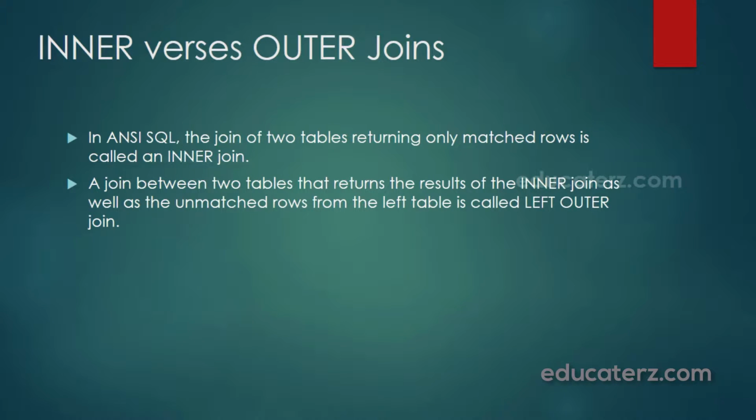Inner versus outer joins. In ANSI SQL, the join of two tables returning only matched rows is called an inner join or equi-join. A join between two tables that returns the results of the inner join as well as the unmatched rows from the left table is called left outer join.